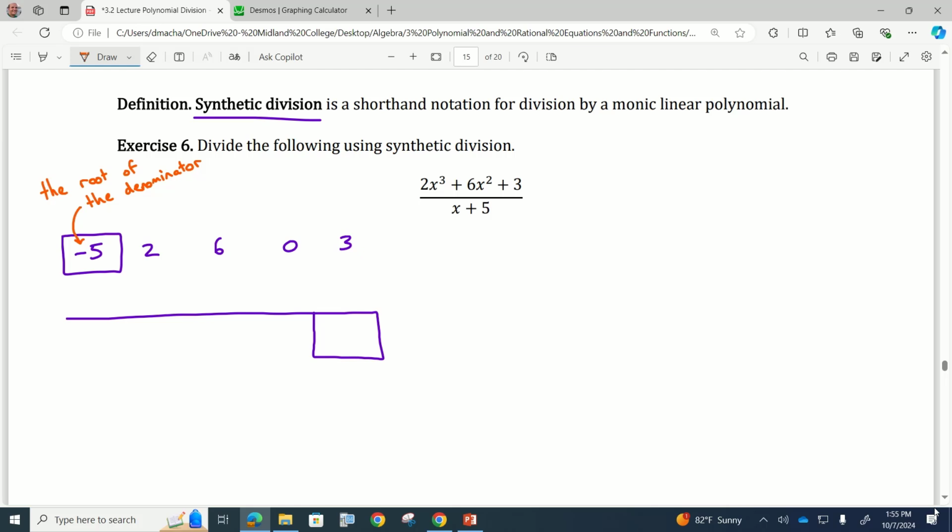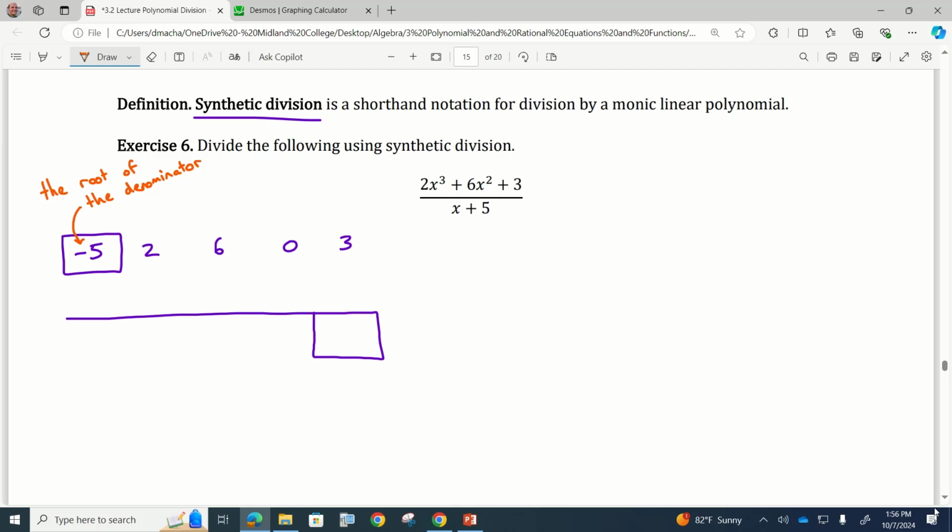It's a common mistake for students to write +5 in that box, because when you look at the denominator, you see x plus 5, but you have to think to yourself, I actually want the root, and the root of x plus 5 is actually -5. Then I wrote 2, 6, 0, 3 across the top, because those are the coefficients of my numerator.